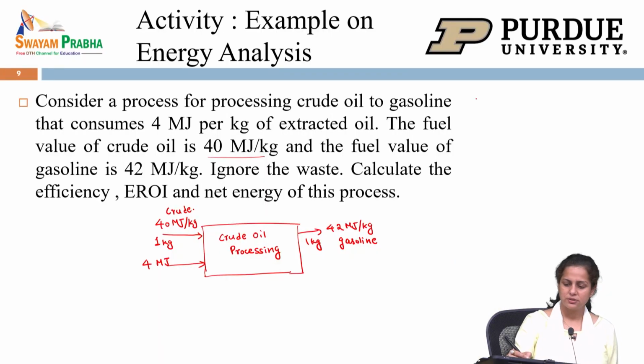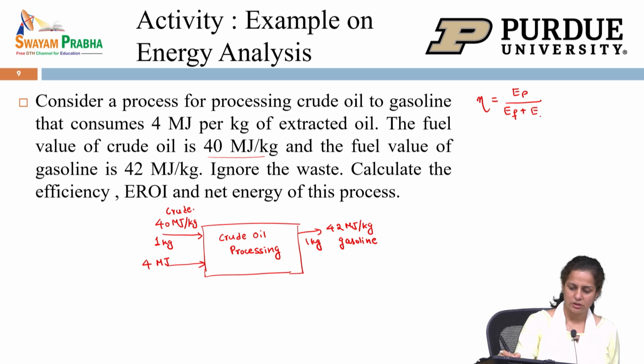For efficiency we remember it is energy in the product divided by energy in the feedstock plus energy in the processing of feedstock. So, our EP is 42 and our feedstock is 40 megajoule and our processing is 4.